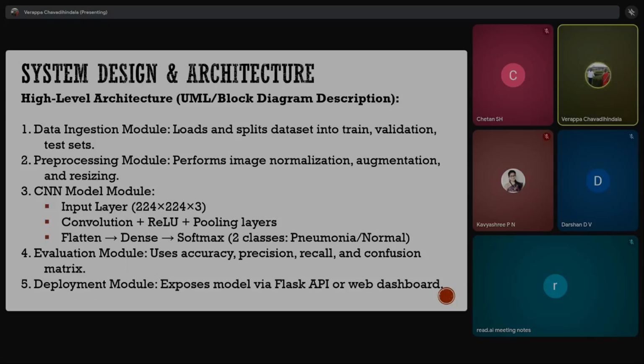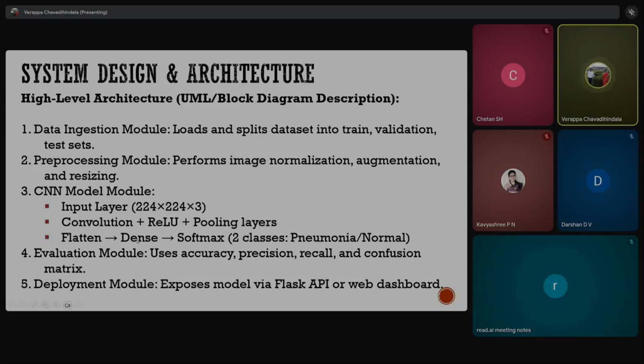Some X-ray images are not very accurate, and the image height, length, and width are not a standard size. We will convert the images into a standard size by using normalization, augmentation, and resizing modules.